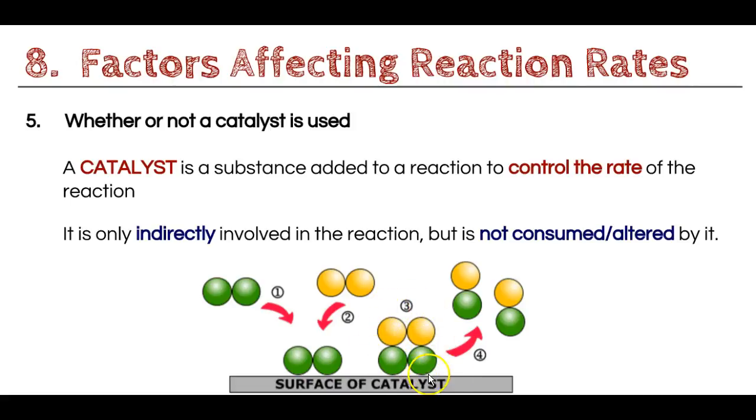While on the catalyst, it is affecting the amount of energy needed for that reaction to happen. And so then we can see that the bonds between our green diatomic molecule and our yellow diatomic molecule are able to be split. Once that happens, they happily leave the surface of our catalyst, and our catalyst remains there, able to be used again and again and again by other green and yellow reactant molecules.